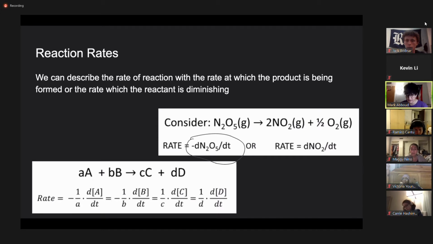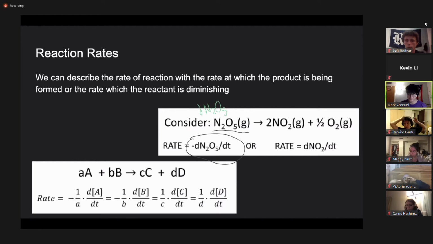Because over time, N2O5 is going to decrease in concentration. So the d[N2O5] is going to be a negative number, because each time we take note of that concentration, it's getting lower and lower as the reaction proceeds forward.